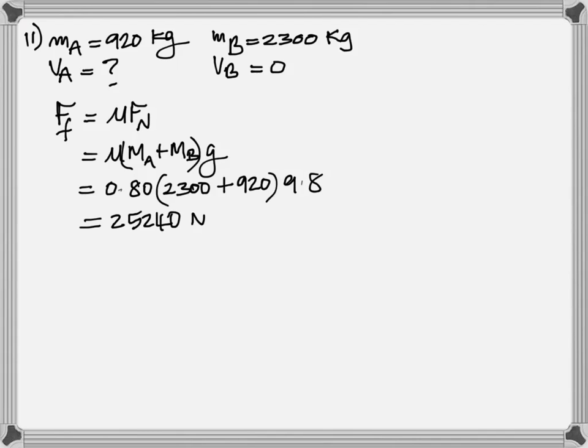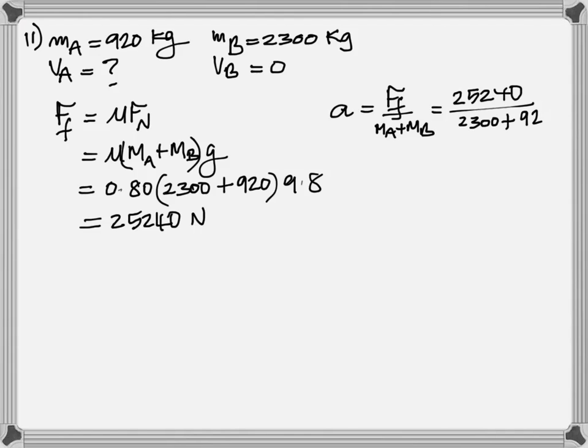So you get friction as that much, and so you can find the deceleration using the force of friction by the mass. Which gives 7.84 meter per second squared.